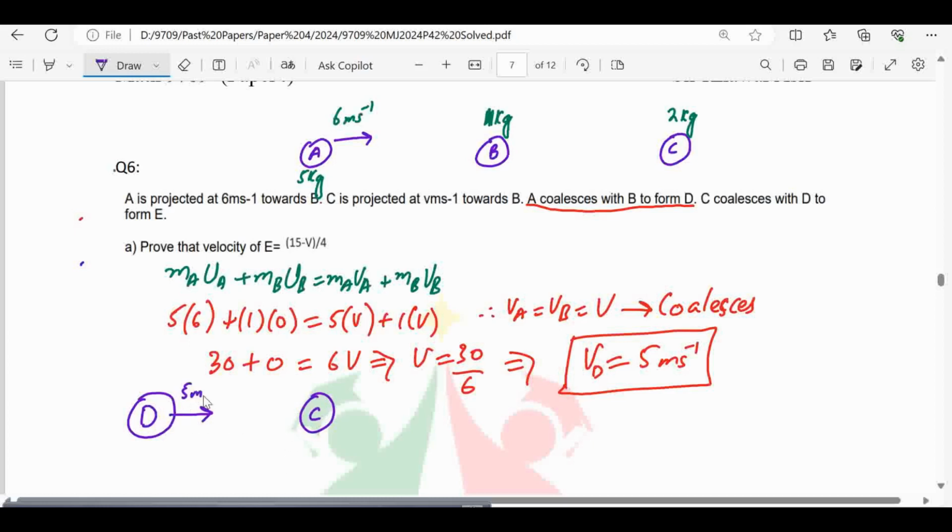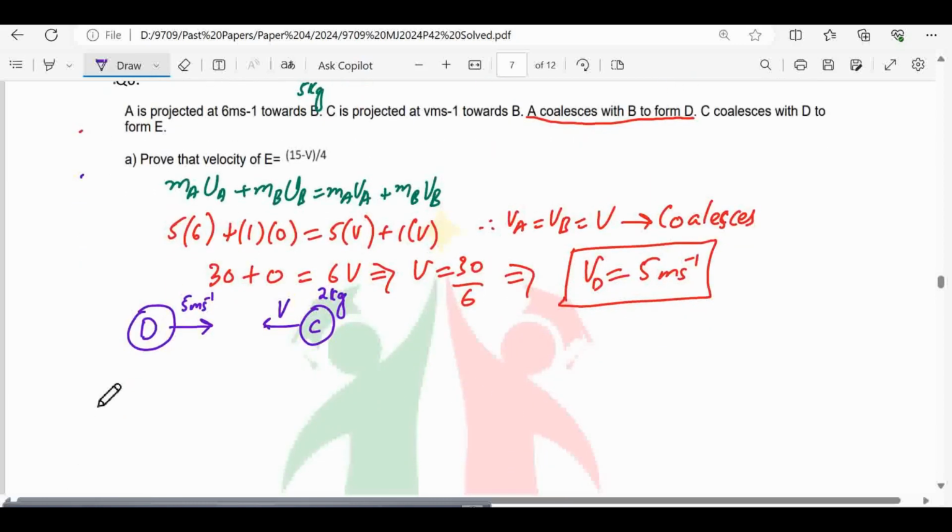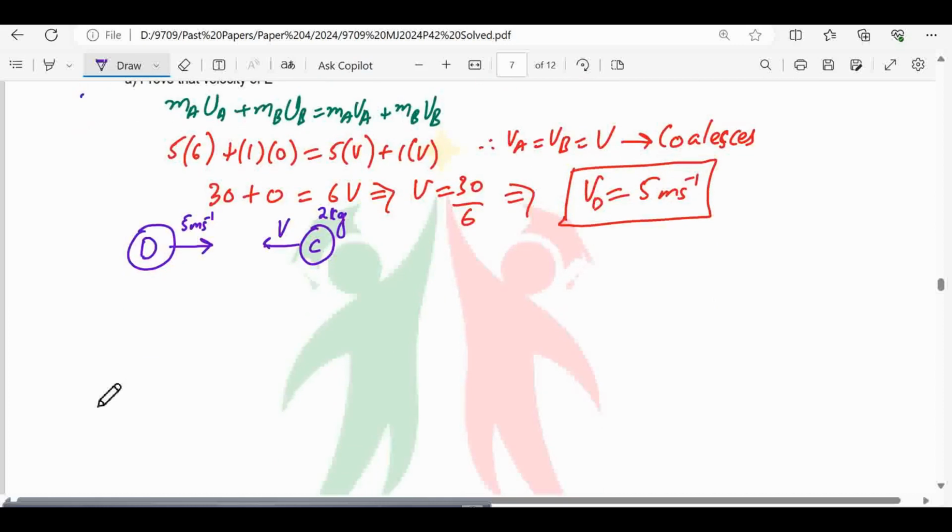D is moving with 5 meters per second and C is moving with velocity V, and we know the masses. C is 2 kg and the mass of D will now be 6. Again we have to use the law of conservation of momentum.